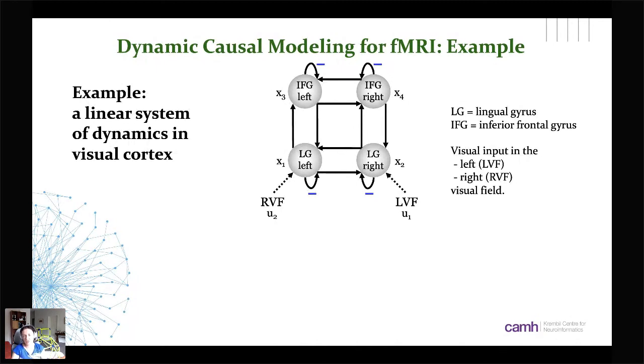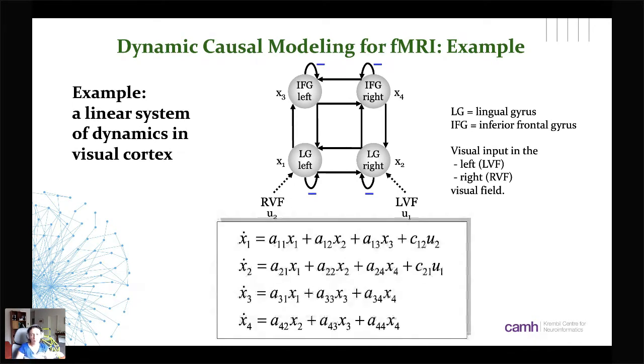One example is that visual stimulation in a given visual field should stimulate the contralateral hemisphere first. And we can incorporate that knowledge through anatomical priors, reciprocal connections present within and between the left and the right hemispheres.